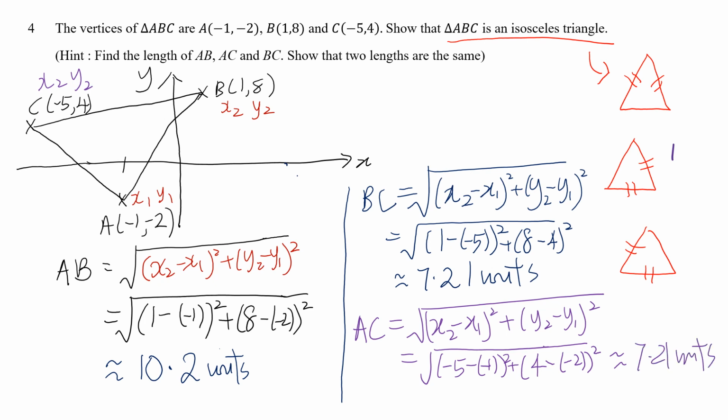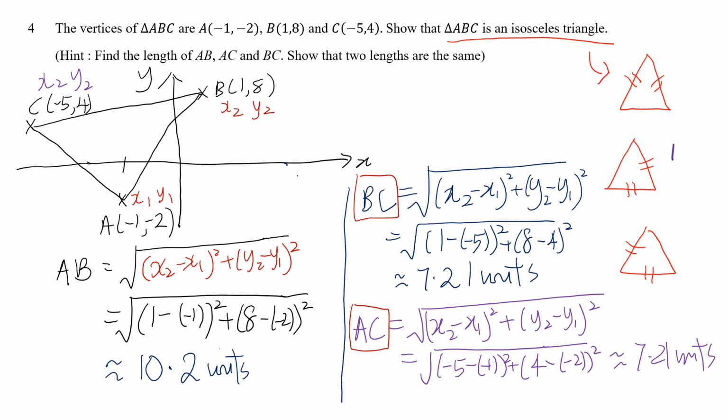Right, so we see that there are two line segments that have the same length, BC and AC. So we can answer the question with a concluding statement. So what's the concluding statement?